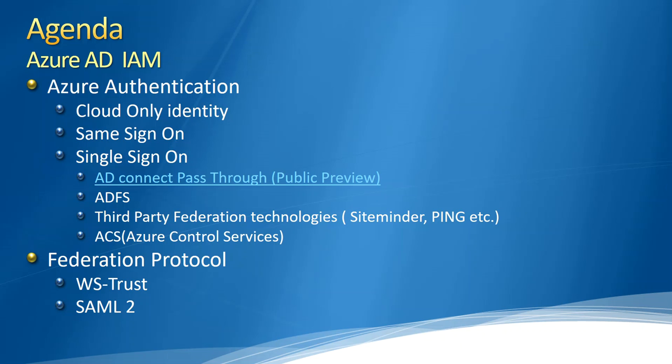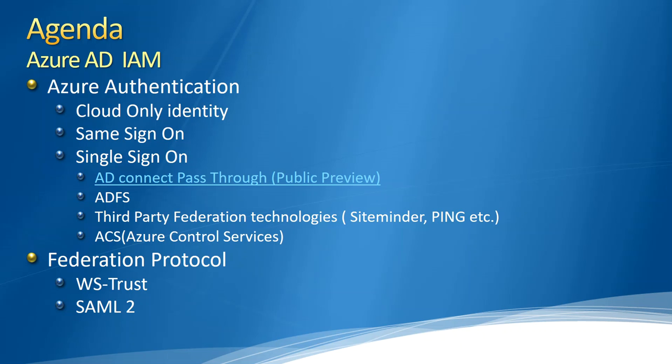But there was a need of the hour, as a lot of customers didn't want to set up a DMZ-based ADFS infrastructure or federation infrastructure and still wanted to utilize single sign-on, and that's where Azure AD pass-through authentication comes into the picture.